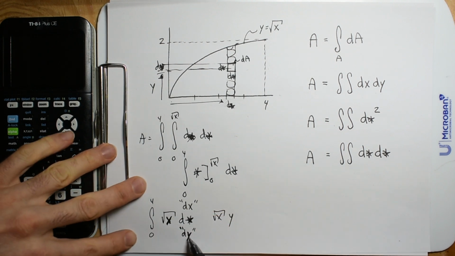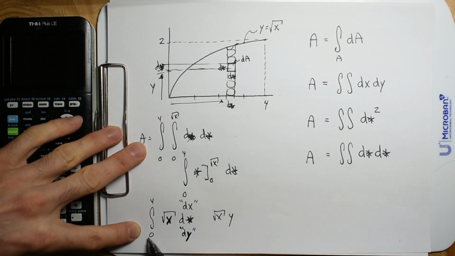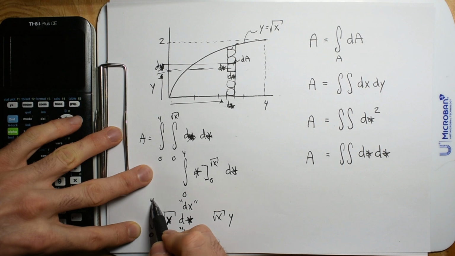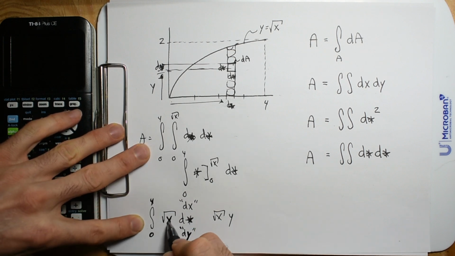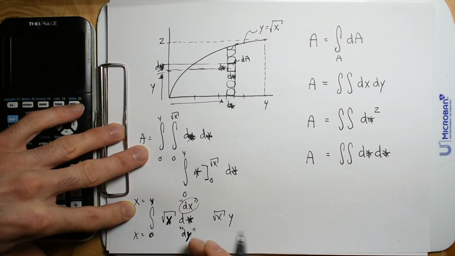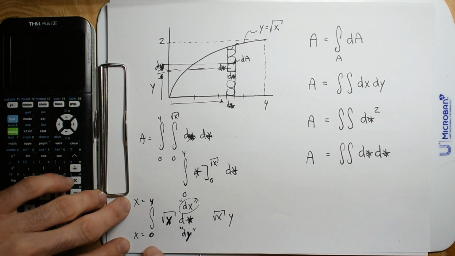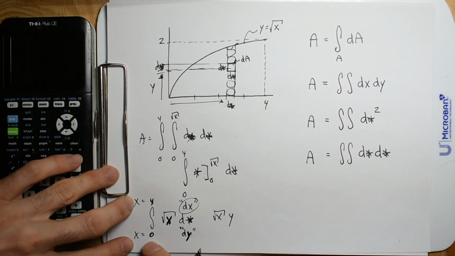But if it is dy, it does have to match the limits of integration. Because if this were dx, this would have to be x is equal to 0, x is equal to 4. If this was dy, that definitely changes our limits of integration.